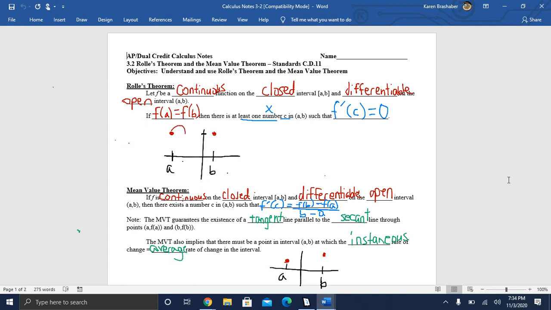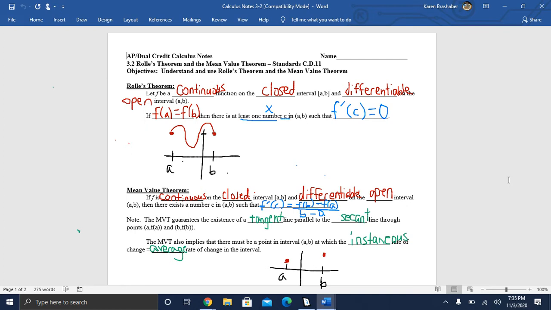I think I'm just going to make some curves here. And I just have to make sure that I have a continuous function and that I have no sharp turns. So Rolle's theorem says that there's at least one place where the derivative is equal to 0. Well, in mine, there's actually 3 places.